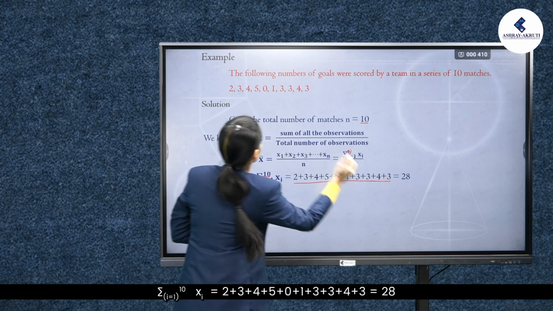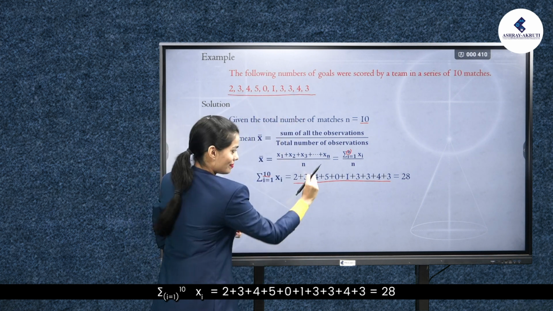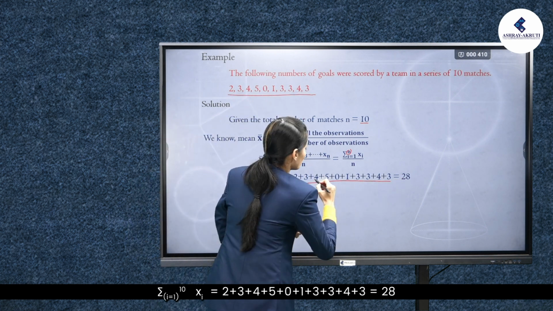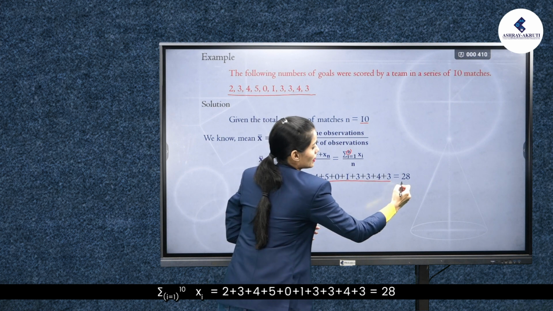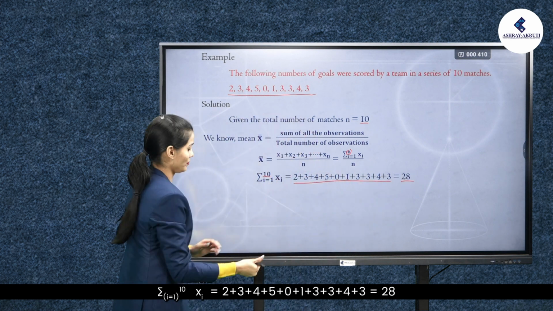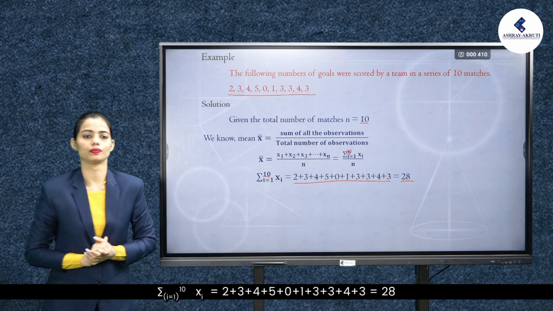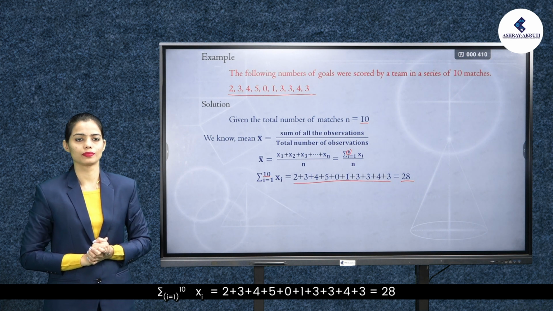Summation of i is equal to 1 to 10 xi is equal to 2 plus 3 plus 4 plus 5 plus 0 plus 1 plus 3 plus 3 plus 4 plus 3, which is equal to 28.